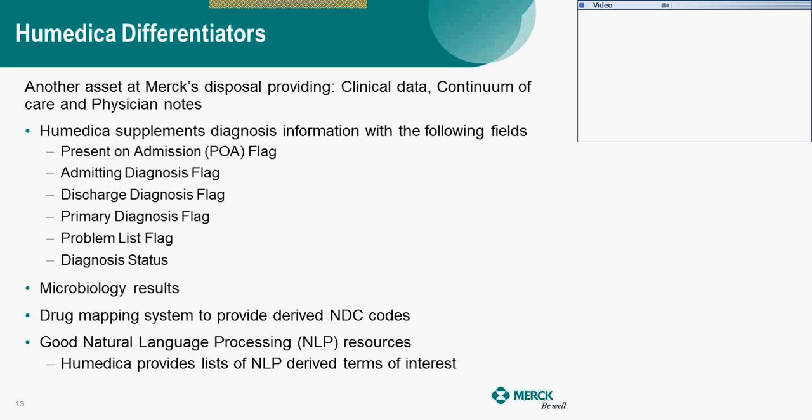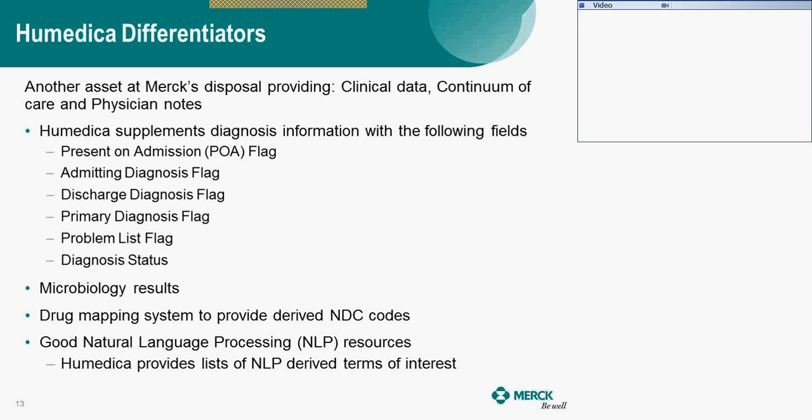They also have, in addition to the typical EMR drug information, derived NDC codes. They try to go into the data and derive NDC codes. They are not as specific as the ones you may find in the clinical databases, but they serve some of the purpose.